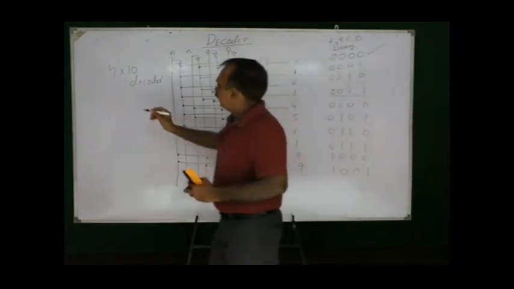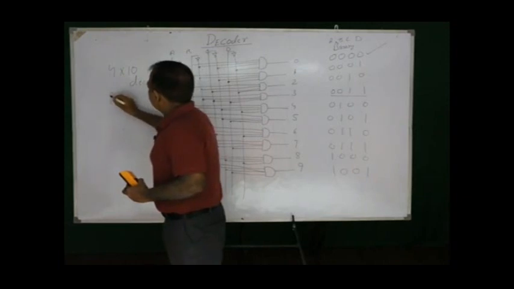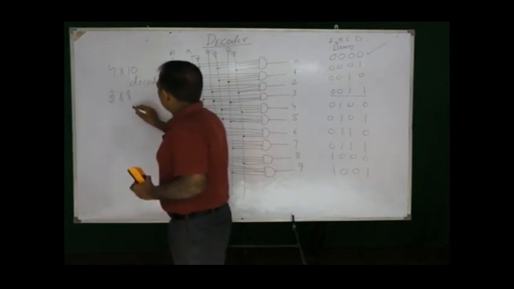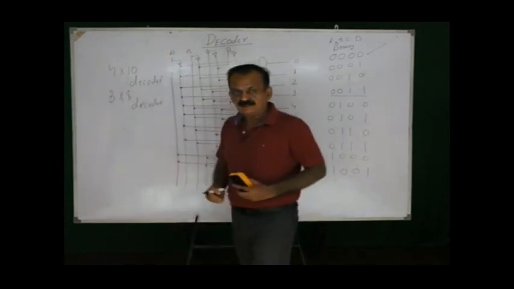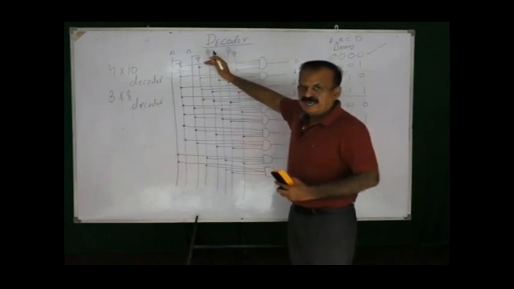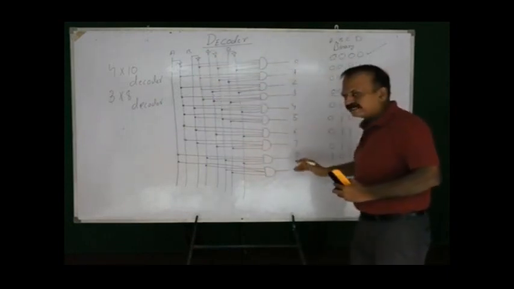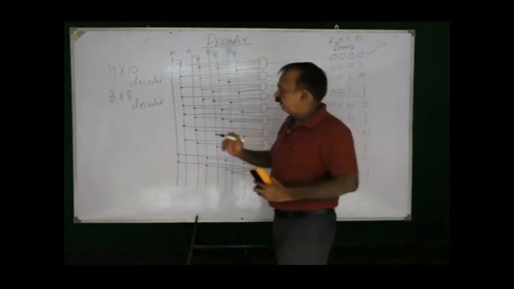I hope we can have 3 into 8 decoder. Now what should be there? I said 3 into 8, that means 3 inputs and the outputs will be 8. I hope this is very clear.